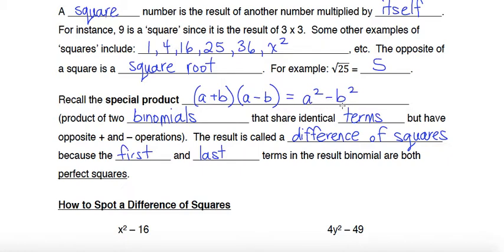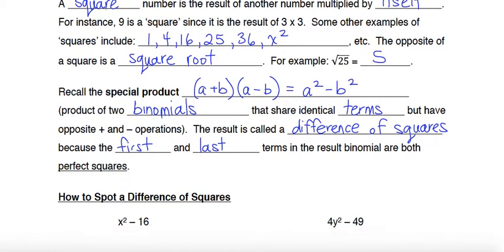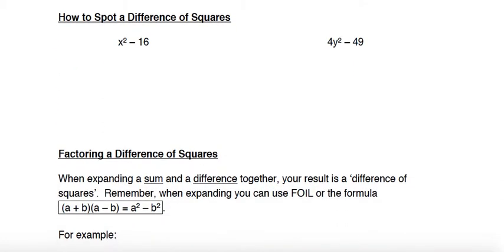We're going to take a look at some examples and how you can spot a difference of squares as you're going throughout your course. So how do we know that an expression is a difference of squares? Well, we know that the first term is a perfect square. The root of x squared is x. So that's a perfect square.